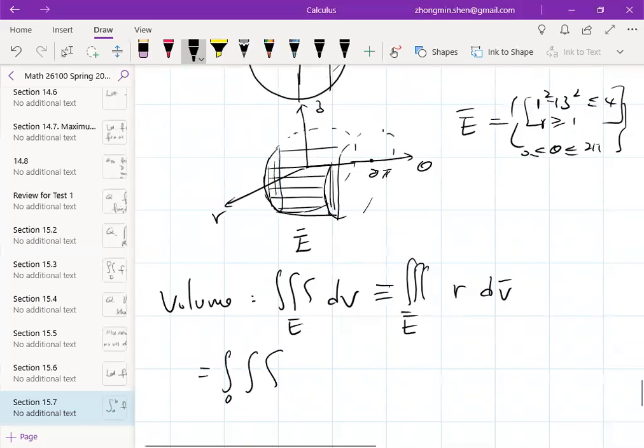So for example, theta is from 0 to 2 pi, d theta, right? But you have to say R is between 1 and 2, so dr, and then you have to figure out dz. Z, as you know from the above, Z squared is less than or equal to 4, and there's no other restriction on Z.